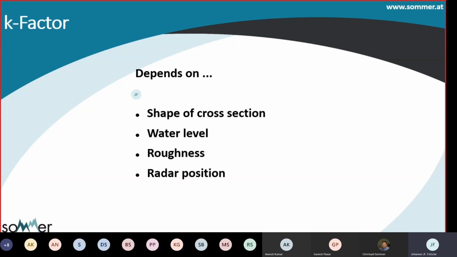So it's just a relation of two velocities. And the K factor depends on the shape of the cross-section. So how big is it, is it a small cross-section, is it a large cross-section? It depends on the water level, of course. It depends on the roughness. Is it a very smooth or very rough surface? And it depends on the radar position.